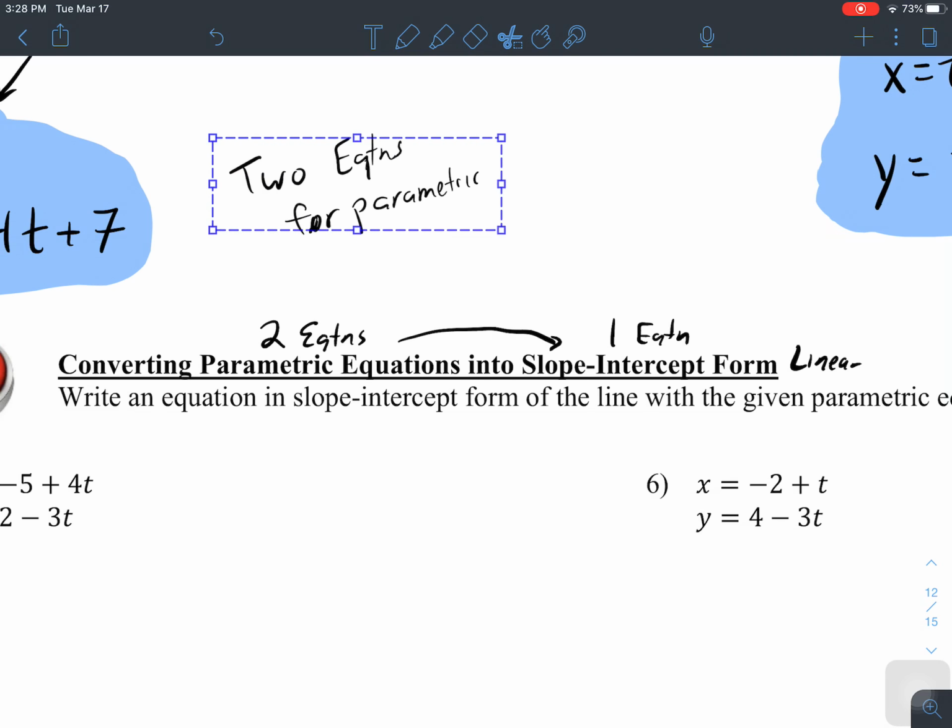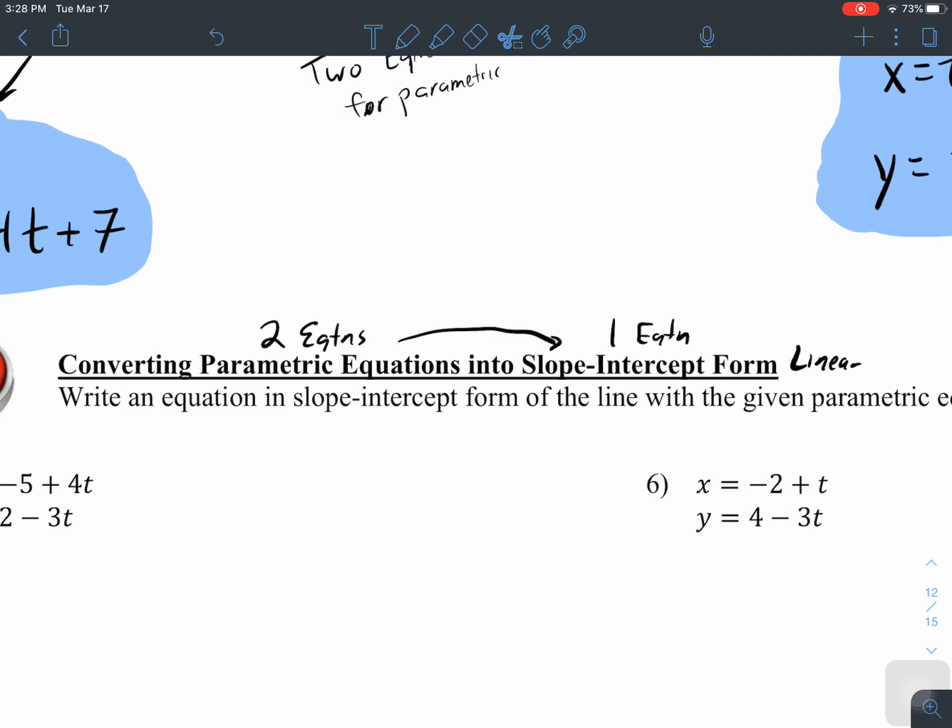So we're trying to analyze how to go from two equations, one that says x equals something involving t and one that says y equals something involving t, to one equation, which was linear, which is something with mx plus b, y equals mx plus b. So really, if I look at that right-hand side, there is no time on that right-hand side.